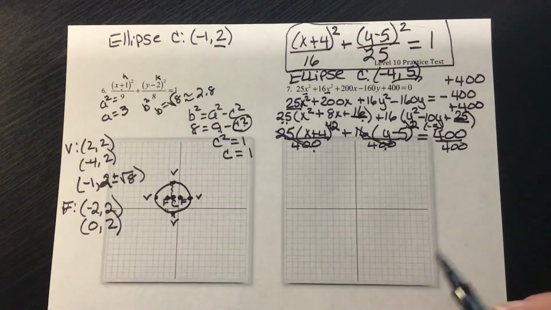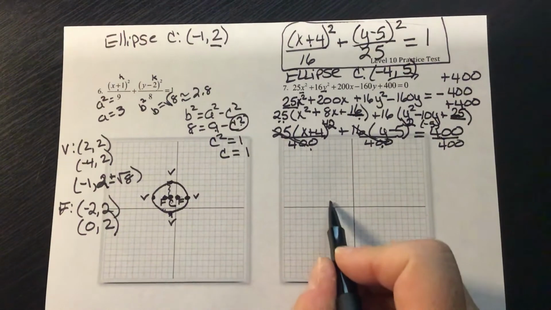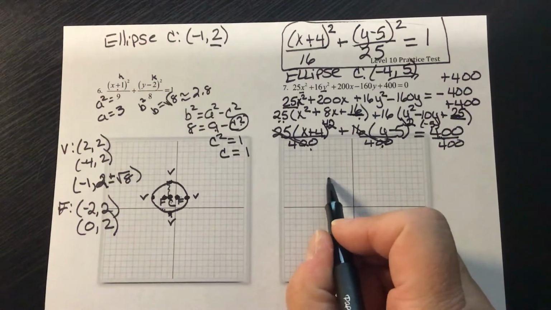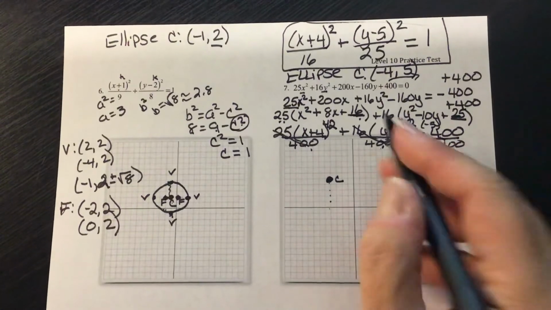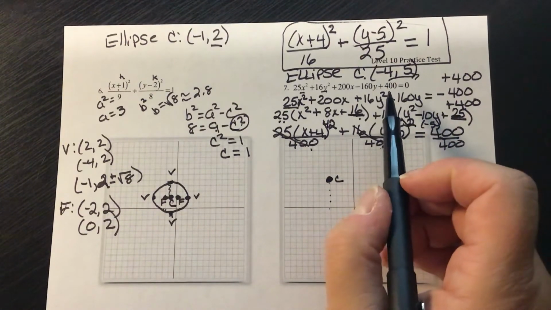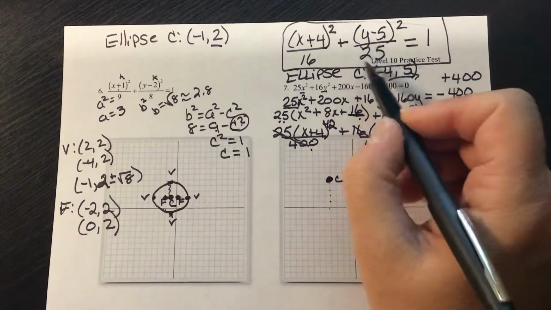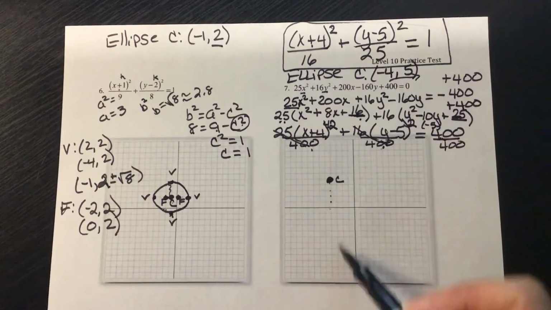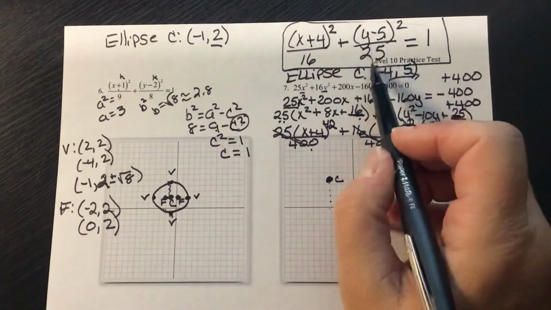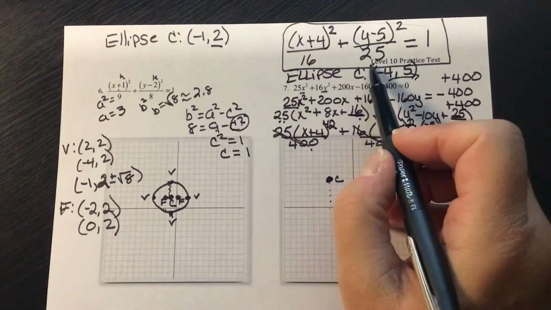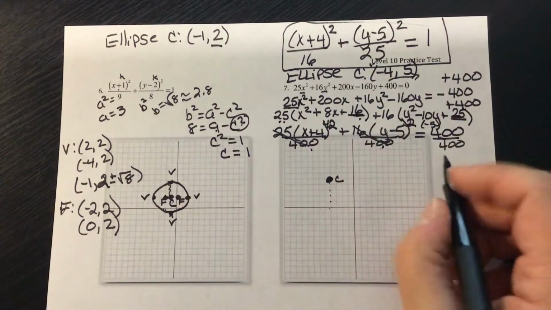All right, so let's get that center, negative 4, positive 5, right here. Now I need my vertices. My A value, it's going to be a tall ellipse because my A value is going to be 5, the number underneath the y, because it's bigger than x.